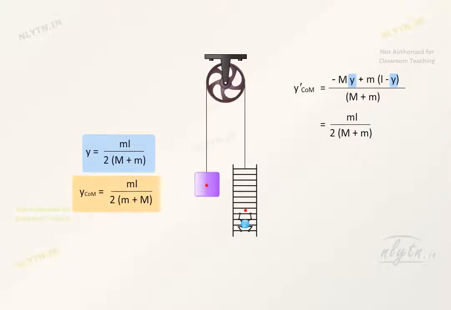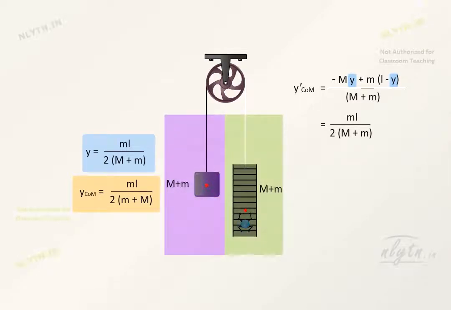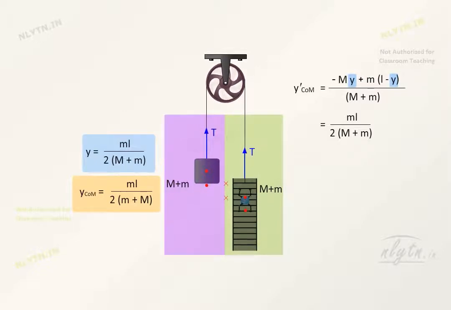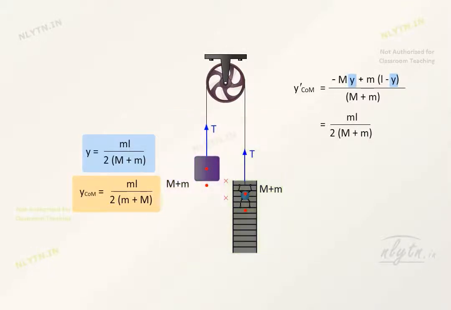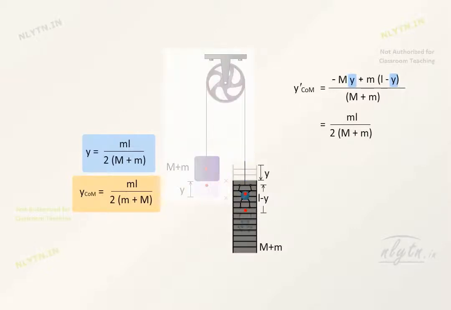This is expected because the situation is symmetrical. So if the center of mass of one side has gone up by some distance, then the center of mass of the other side should also go up by the same amount. Now with this information, we could have found the value of y using a conventional system also.